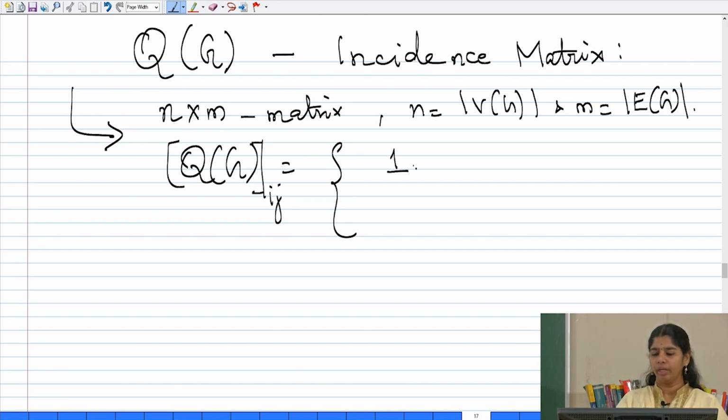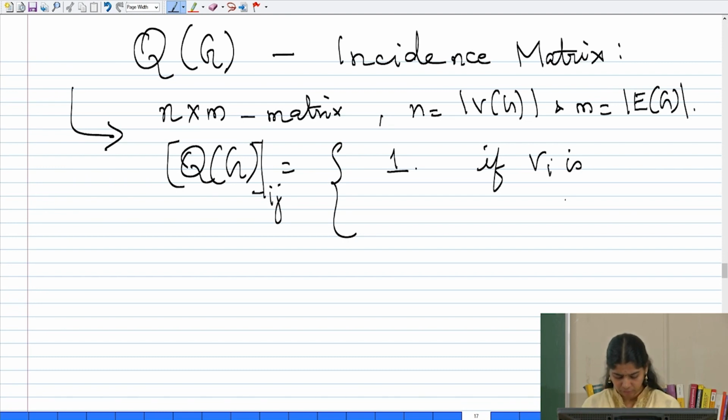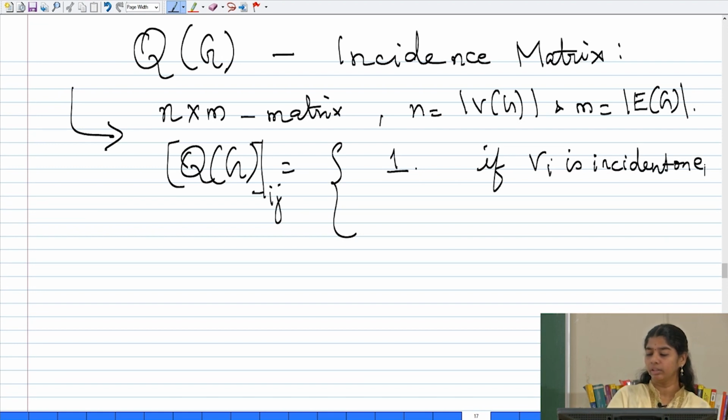plus 1 if Vi is, I should not say incident on Ej, if Vi starts, I mean Vi is incident on Ej, and how would I say, Ej starts from i, Ej's tail is Vi kind of, and minus 1 if Vi is going to be the head of the directed edge.